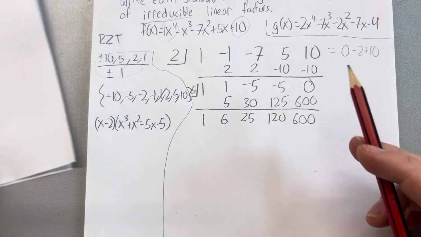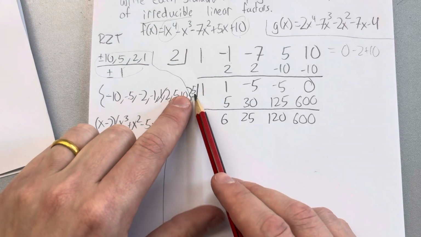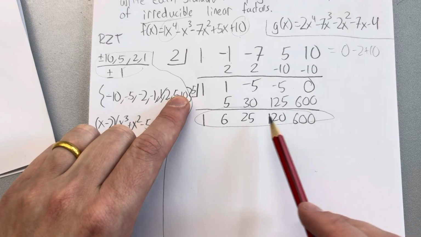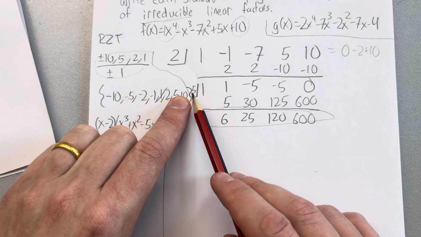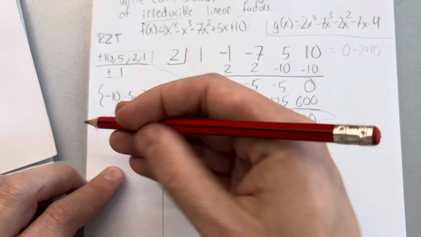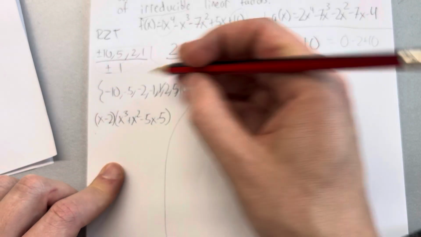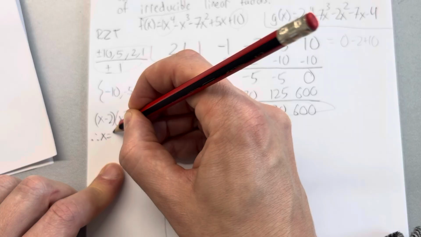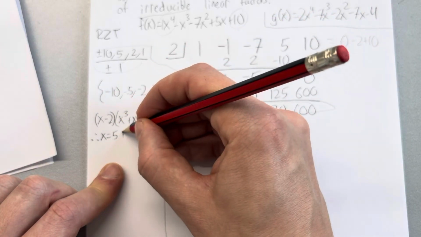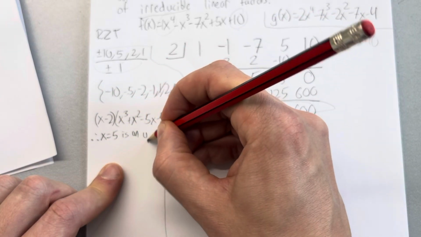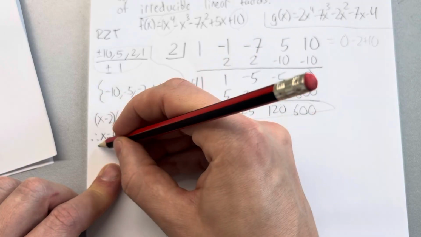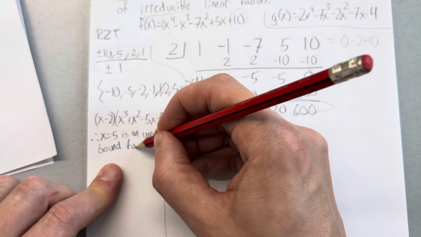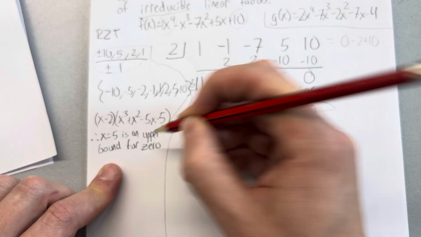The upper bound test says if when you test a 0 and you do synthetic division and all of your numbers down here are positive, that tells you that x equals 5 is not a 0, but x equals 5 is an upper bound for my zeros. What that means is that there can be no 0 bigger than 5.